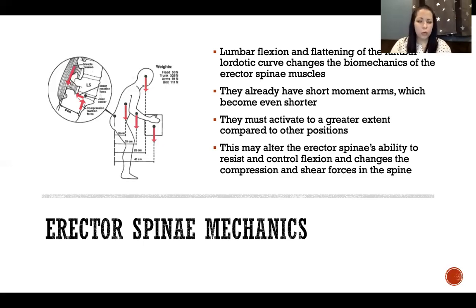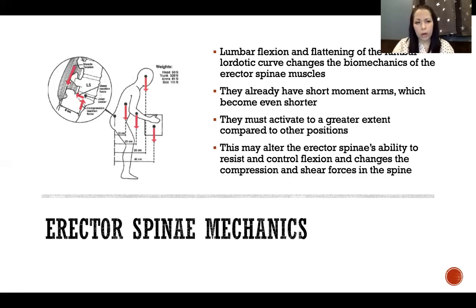Well, the further we go into flexion, the more force erector spinae must produce because the moment arms are getting shorter and shorter. At the same time, because erector spinae are producing a greater amount of force, it's changing the amount of compression and shear forces that are going through the spine.